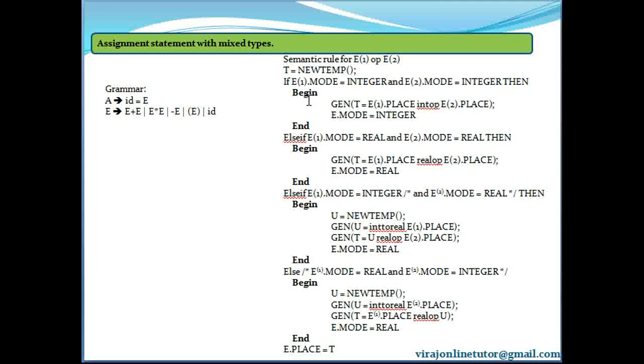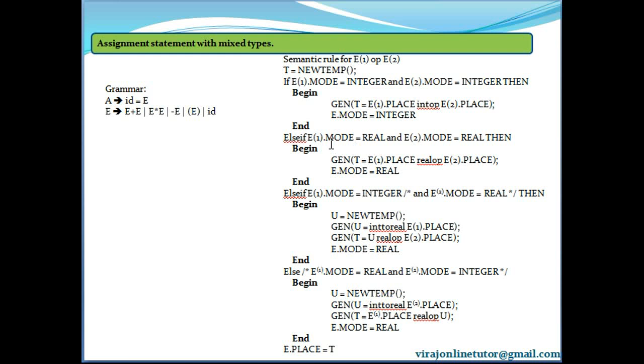Gen emits a three address statement. E1.place will get the value of E1, E2.place will get the value of E2. I am doing the integer operation and assigning it to T, and E.mode, that is the mode of the target E, is integer.